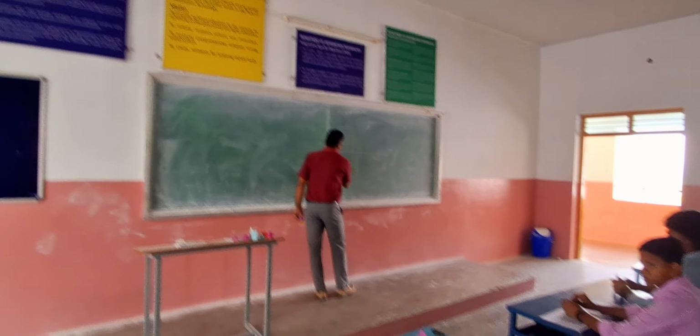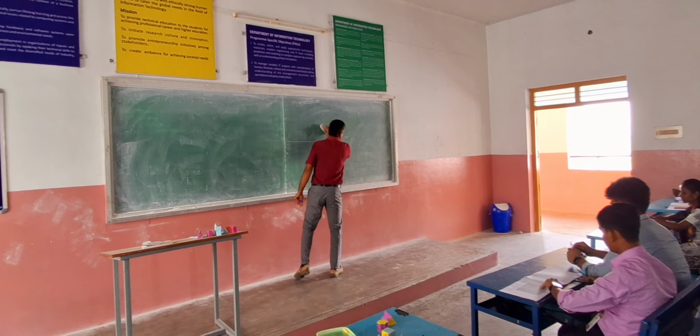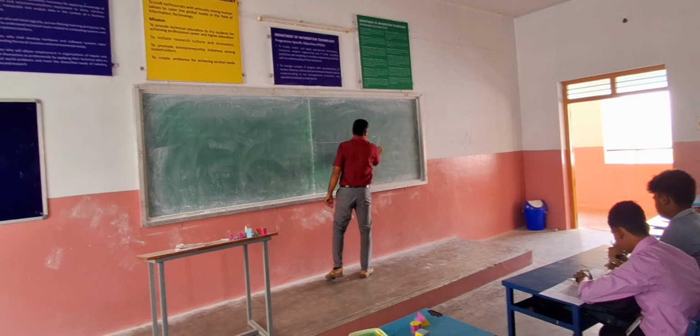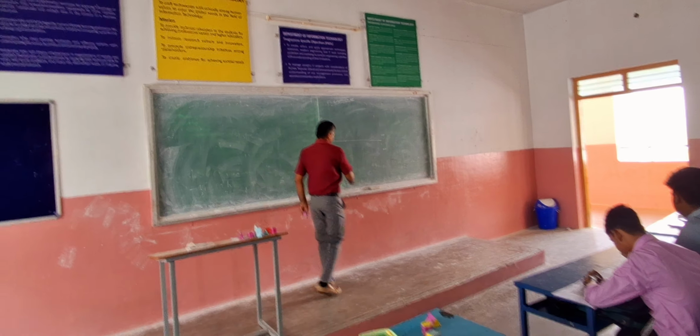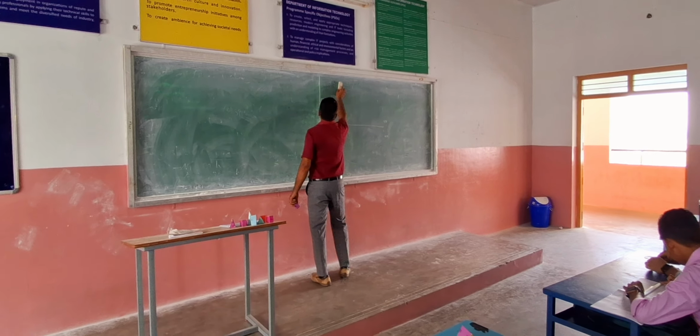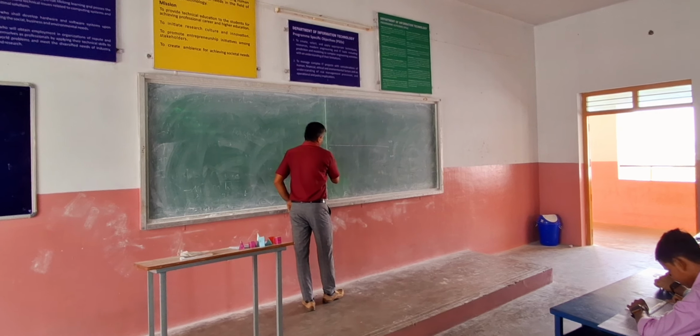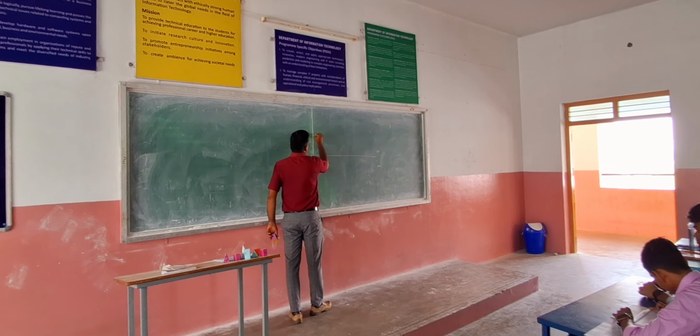Draw the XY line, the vertical plane and the horizontal plane, and the given diagram. This is the top view, this is the front view.